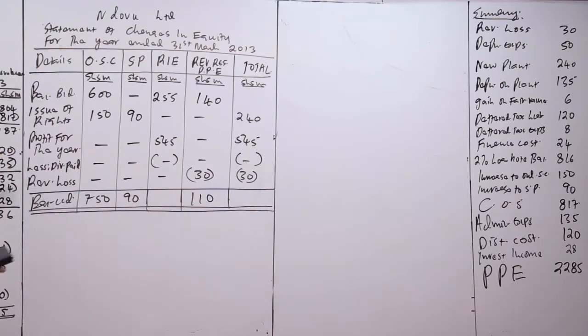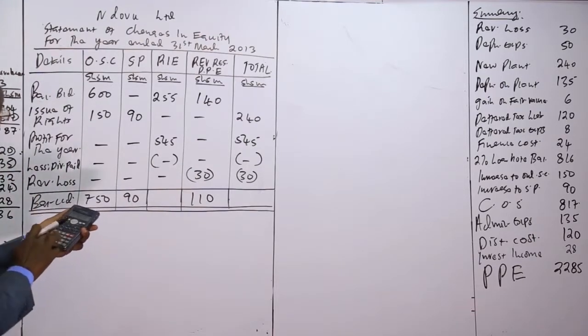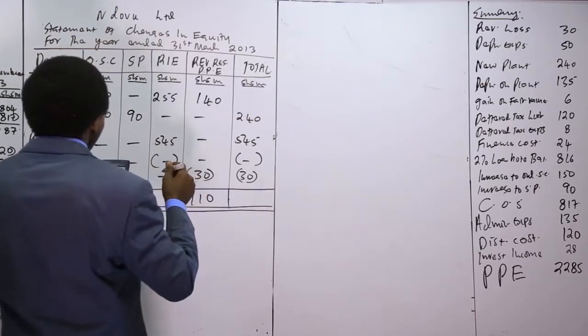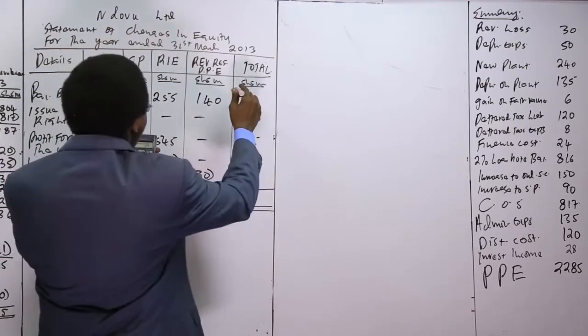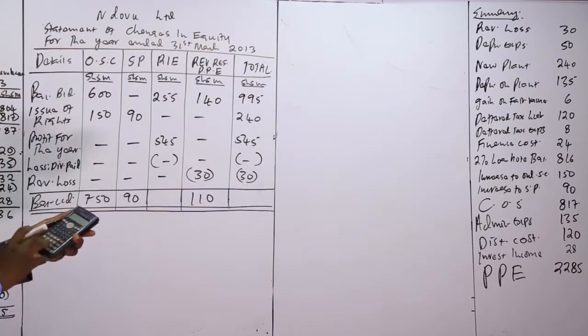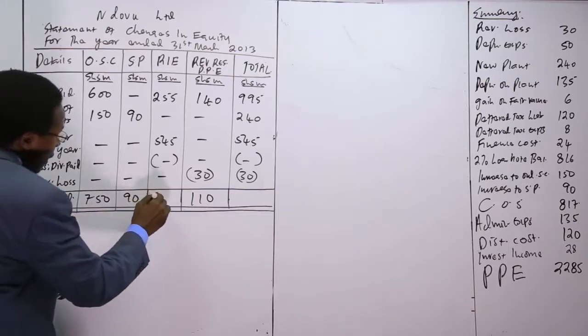So we have the 600 plus the 255 plus the 140. If I'm not wrong, that is giving me 995. Then I have 255 plus 545, so I'm getting 800.